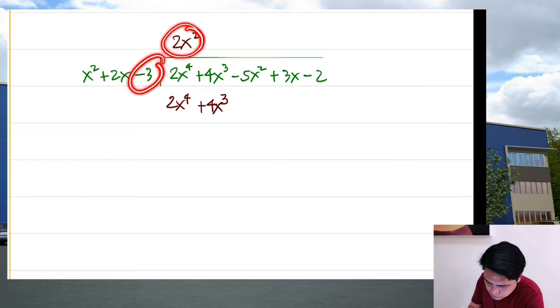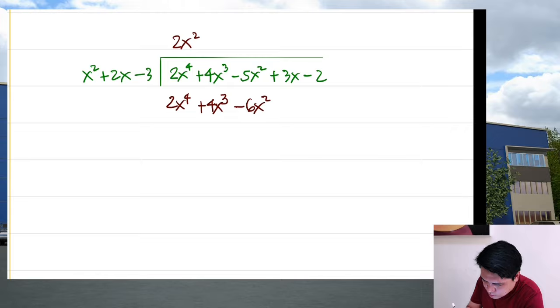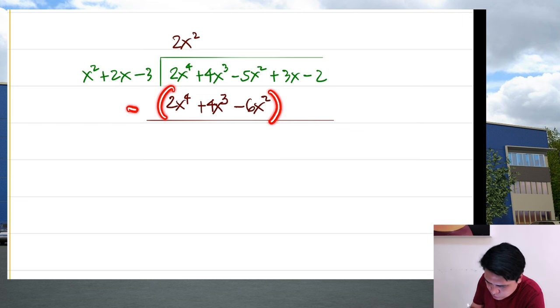Then this multiplied by this would be negative 6x squared. Then we subtract this from these three terms.